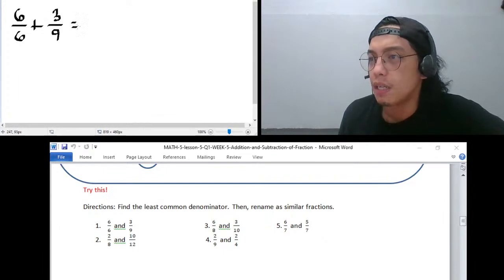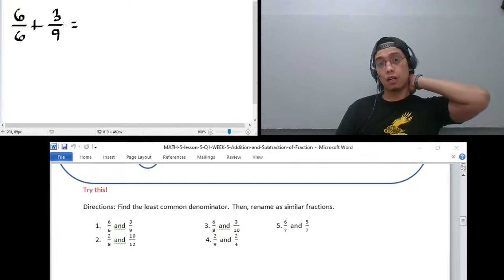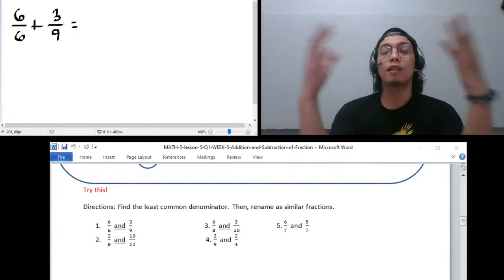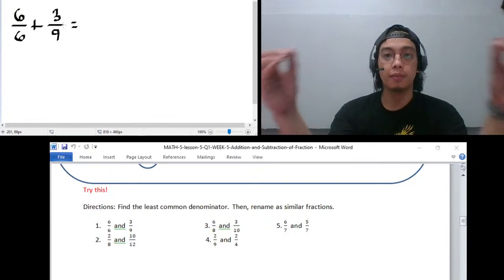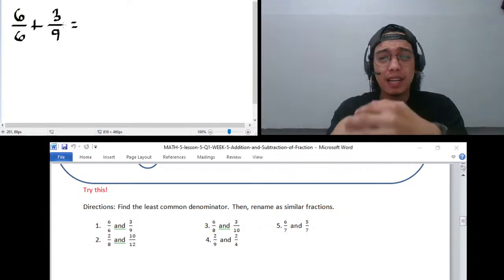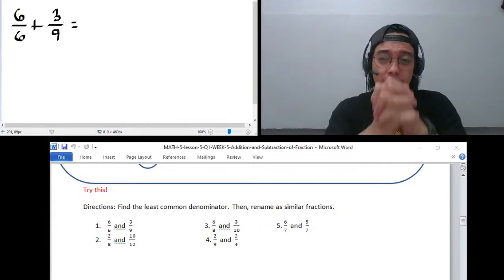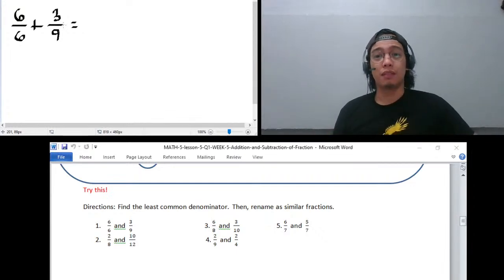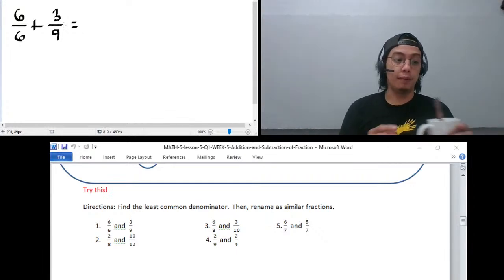Earlier, it was easier because they were similar fractions. Now, dissimilar fractions. If the fractions are dissimilar, meaning the denominators are different, let's find the LCM first. The least common multiple of the denominators, we call it the least common denominator, right?